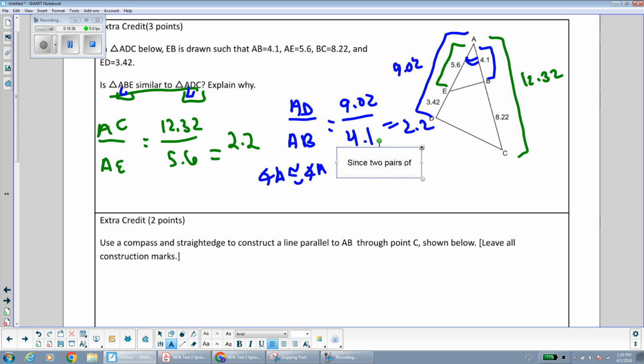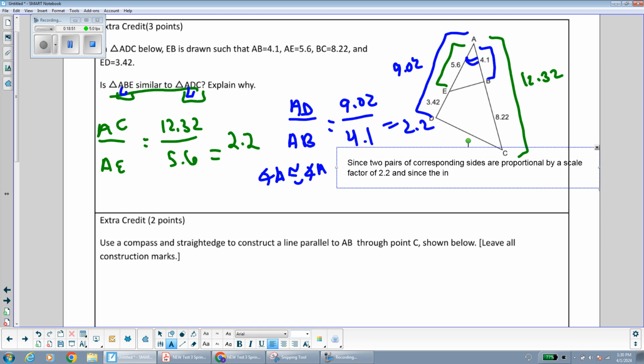Since 2 pairs of corresponding sides are proportional by a scale factor of 2.2, and since the included angle, remember that means the angle in between, the included angle A is congruent to itself by reflexive property, the triangles are similar by SAS.